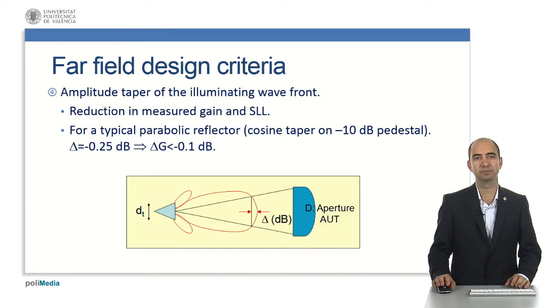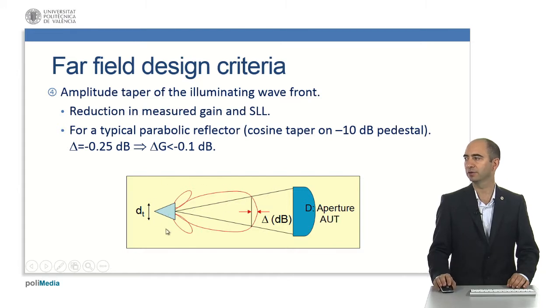The next criterion comes from the amplitude taper of the illuminating wavefront. In this figure, you see the radiation pattern of the antenna source impinging on the antenna under test. As you can see here, the field here from this antenna probe is higher than the field in the edge of the antenna under test.